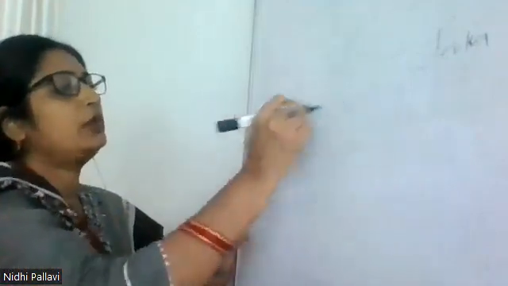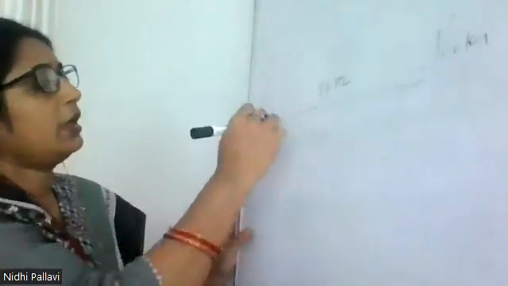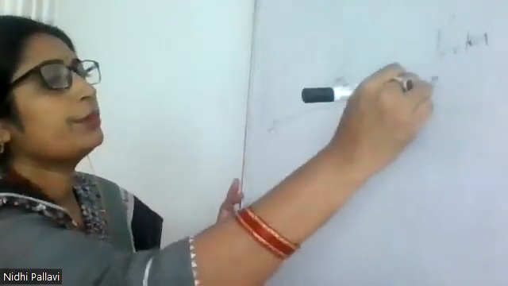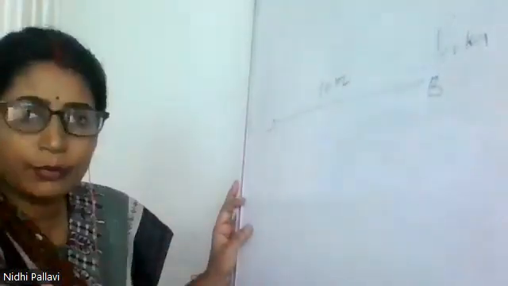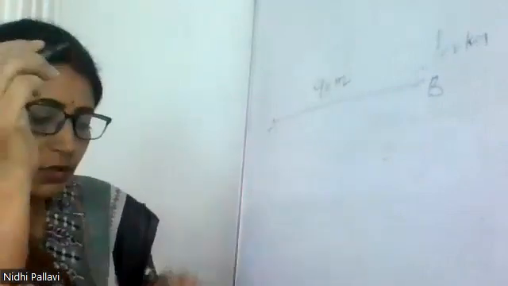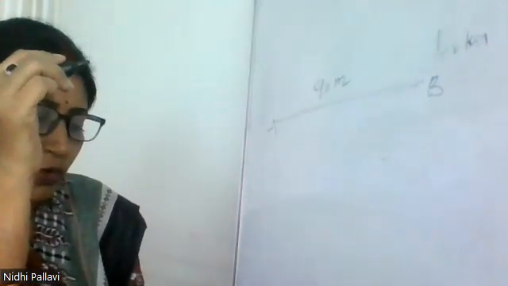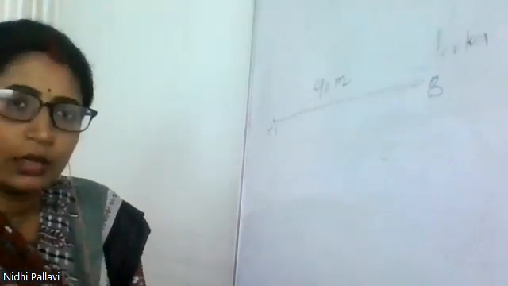Suppose this is the pool, this is 90 meter. A to B, the total distance of the pool is 90 meter.